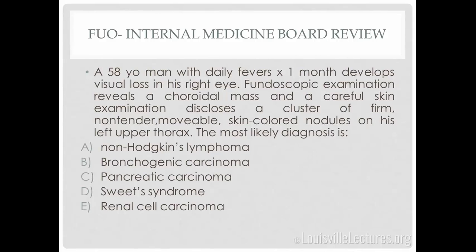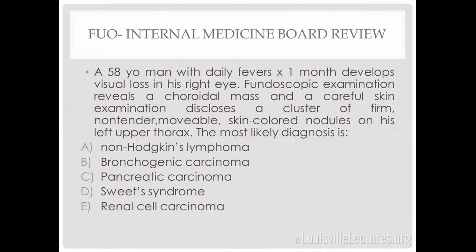He is a 58-year-old man who has daily fevers for a month and then develops visual loss in his right eye. When they do a fundoscopic examination, there's a choroidal mass, and a careful skin examination shows this cluster of firm, non-tender, movable, skin-colored nodules on his left upper thorax.